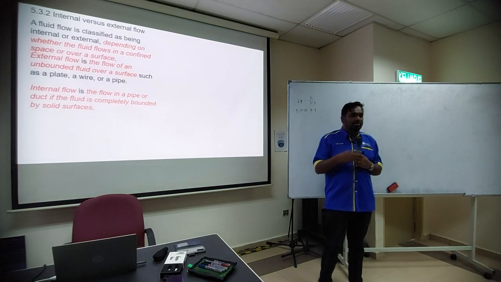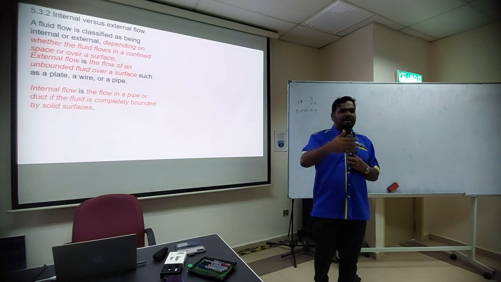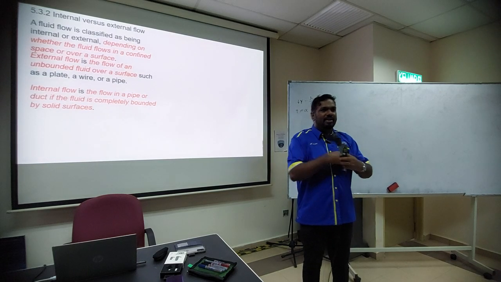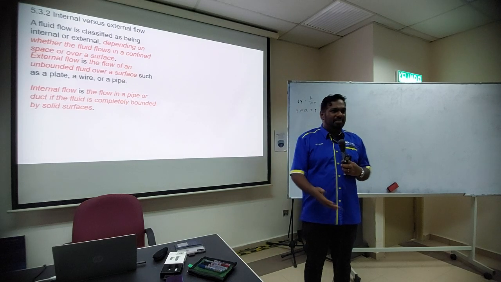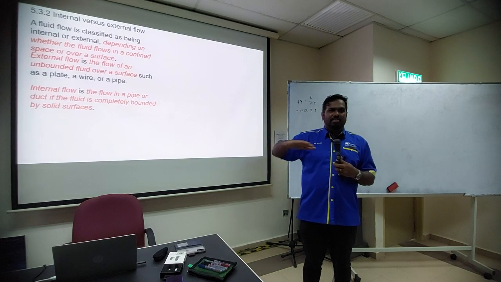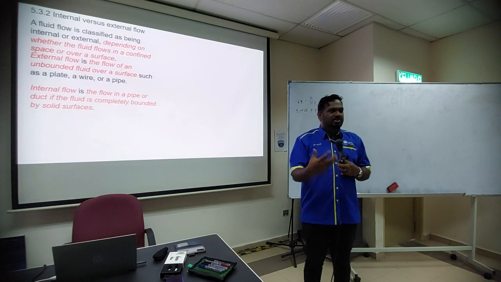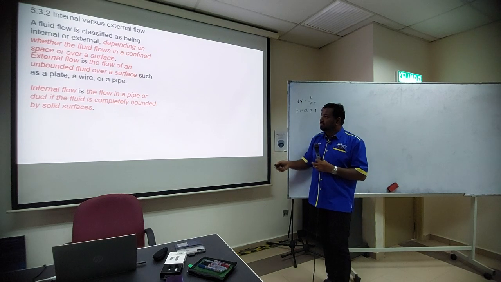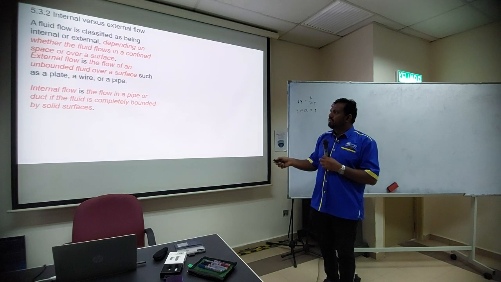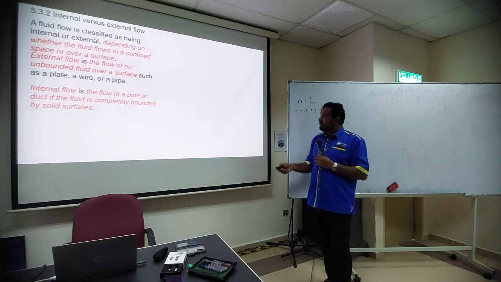So external flow means it is happening outside the surface. Like a drain, it's not in a pipe. Normally one part will be a surface which helps contain the water, and another part will be exposed, so we call it an external flow. It's unbounded fluid over a surface.